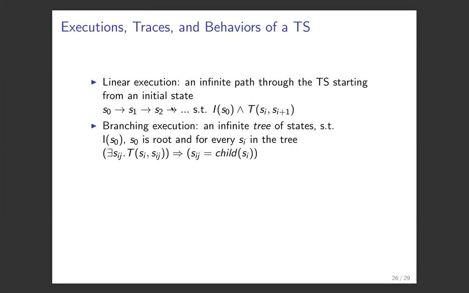One is where you can define the behavior of a program as the set of all linear executions, the set of all sequences of this kind, starting from any one of the initial states. Then you can talk about what that set should be, as captured in terms of specification. And this way of doing it also subsumes or includes the input-output behavior.